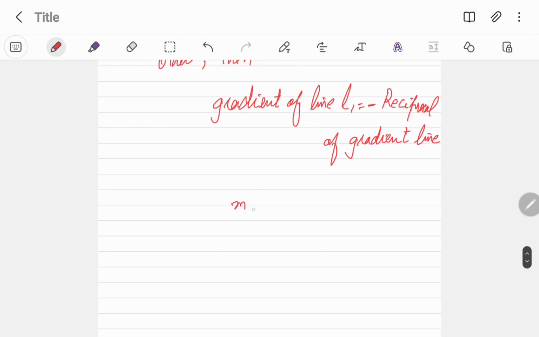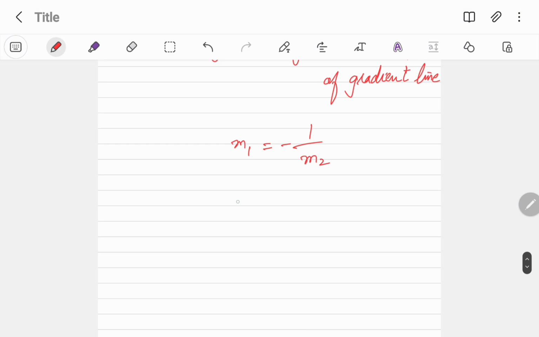If gradient of first line is m1, it should be minus 1 over m2. We can also write this one, m1 into m2 is equal to minus 1. This is the condition for the perpendicular of two lines.